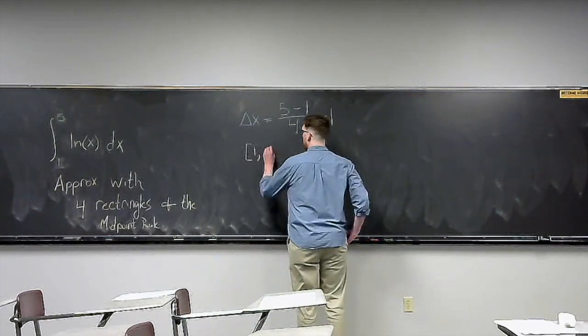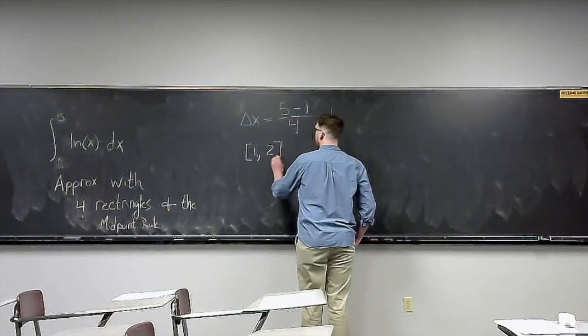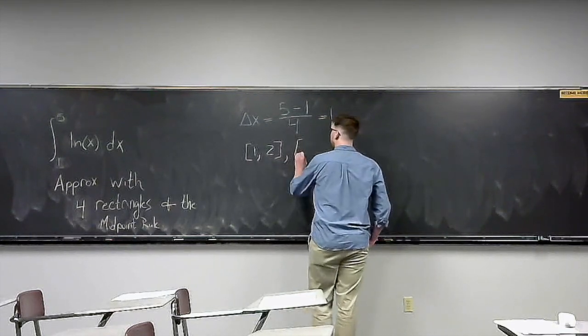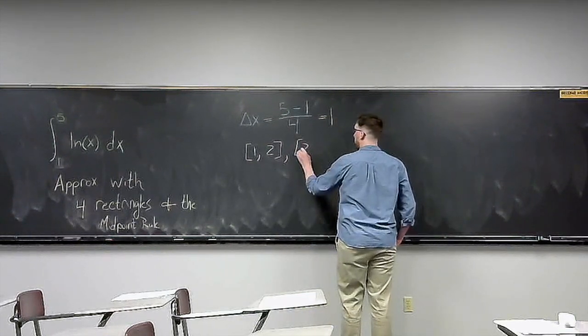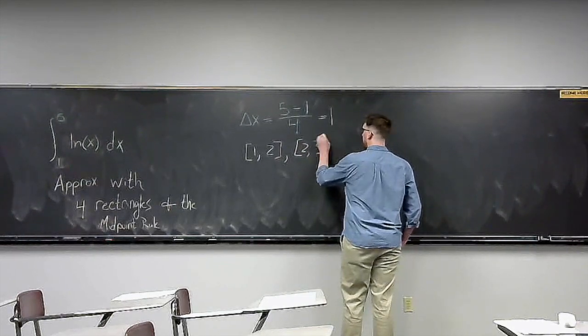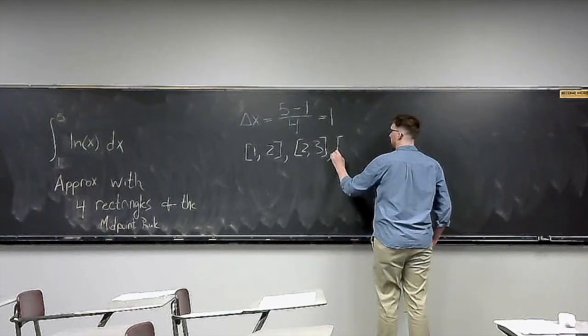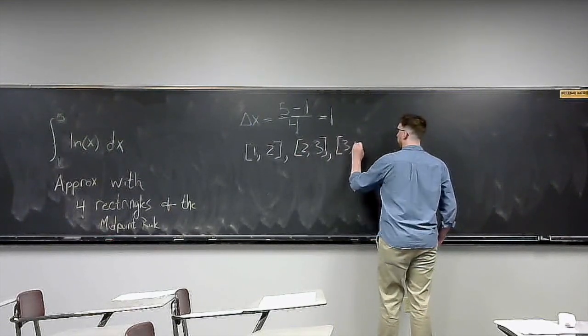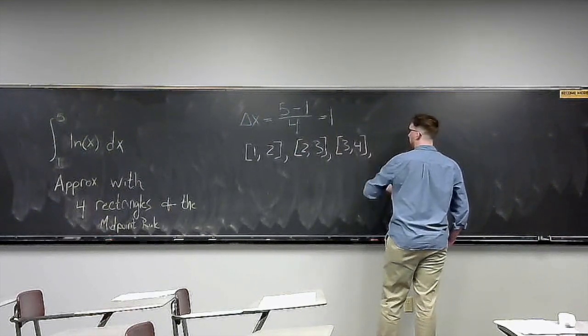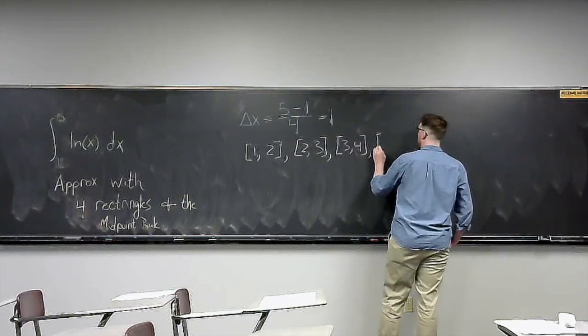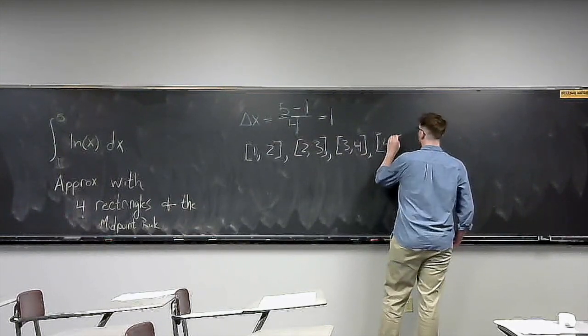So from 1 to 2, that's our first interval. Our second interval is going to be from 2 to 3. Our third interval is going to be from 3 to 4. And our last interval is going to be from 4 to 5.